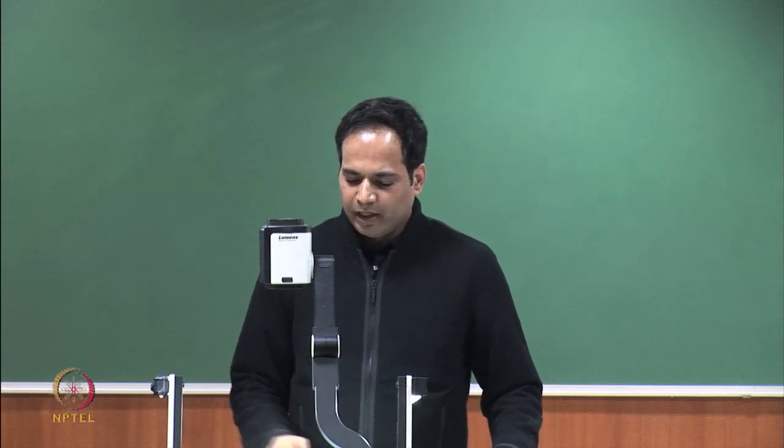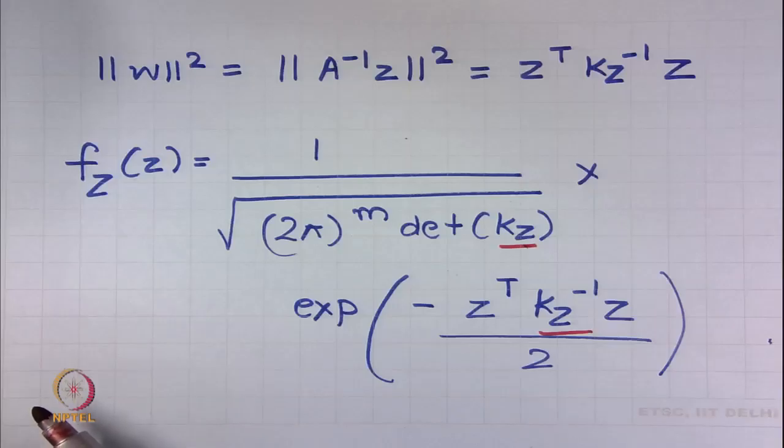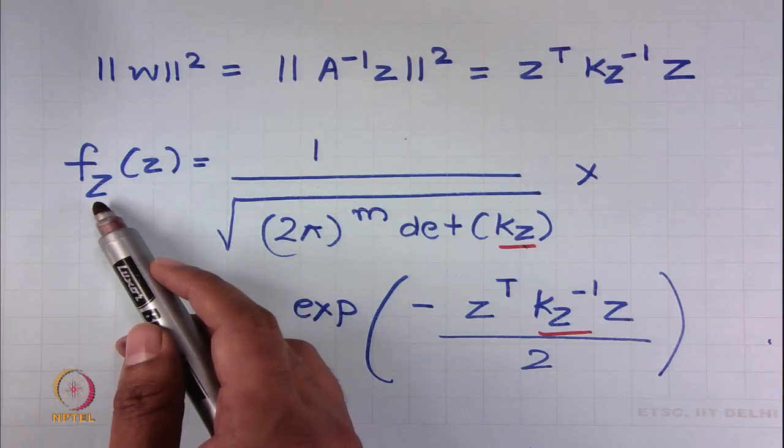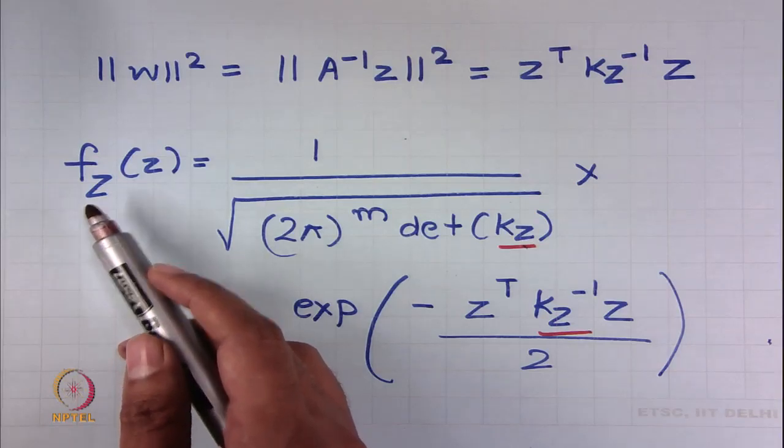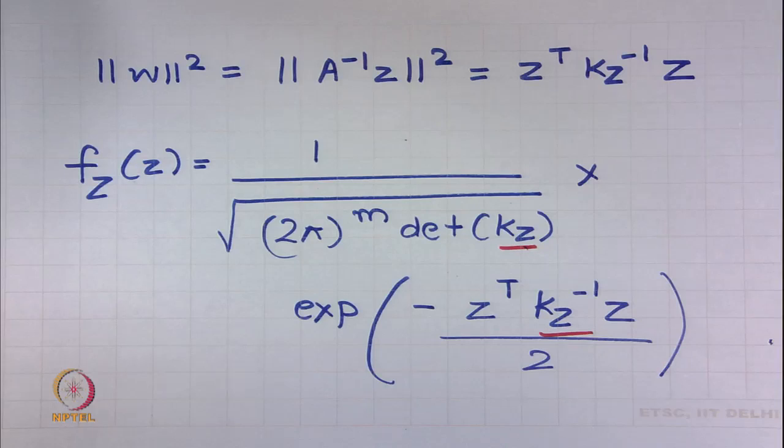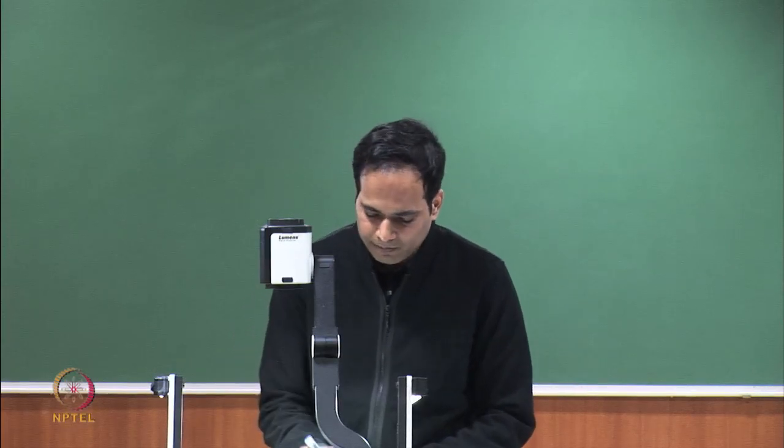So, in this expression what we have assumed is that this random vector is with 0 mean. Let me write the expression of probability density function which will be when this random vector has some mean. So, let me first write and then we will discuss about this.